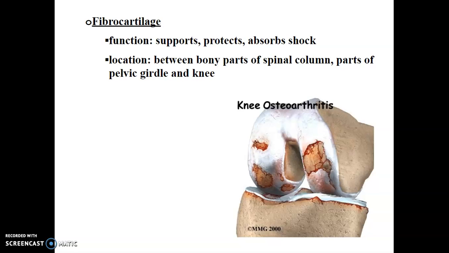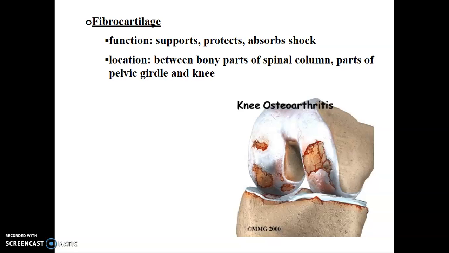Fibrocartilage, it absorbs shock. That's what it's really for. Think about shock absorbers on a car. If you've ever driven in a really crappy car, which I have, I've had plenty of them, where the shocks don't work very good, it's a rough ride. Anytime you go over a bump or go down a dirt road, man, you're just bouncing all around. But then if you get in a really nice car with good shock absorbers, it's a very smooth ride, even though you're going through the same potholes.